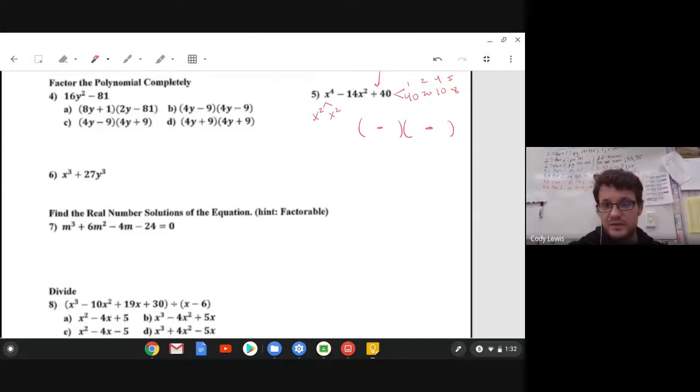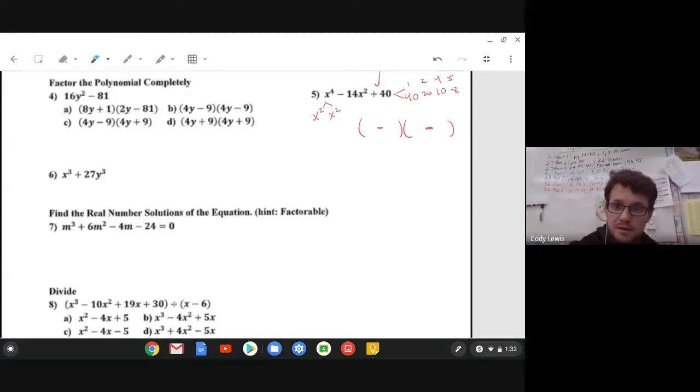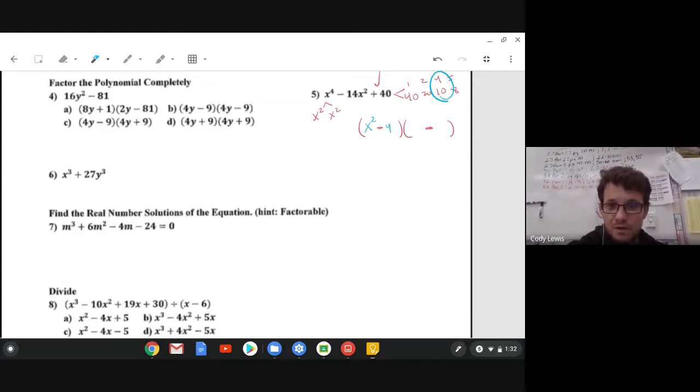This is the only way two negatives will give you the positive when you multiply using FOIL, and it's the only way you can add up to get the 14. So I like 10 and 4 because 10 and 4 will add up to be 14. So I want x squared minus 4, x squared minus 10.